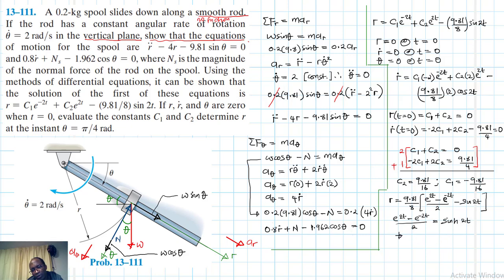And therefore our 2t in this particular case is just equal to theta, which is equal to pi over 4. It's also equal to 45 degrees if you convert it to degrees.